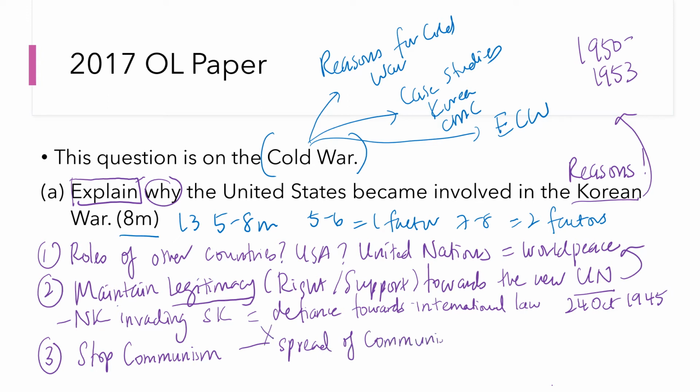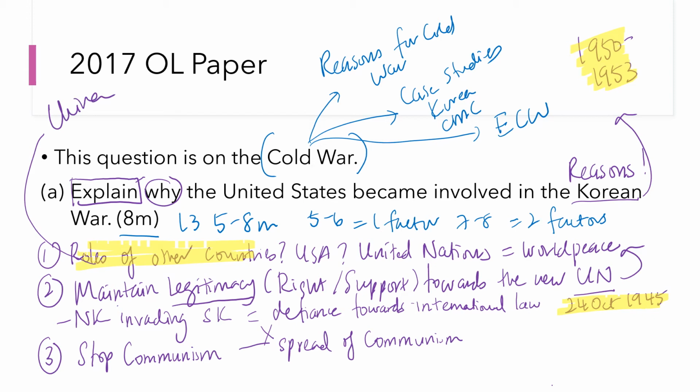And we are talking about a little bit of context that you must remember. Okay, so while United Nations was set up in 1945, the war was between 1950 to 1953. That is why I was also telling you about the roles of other countries, and specifically, I really meant China.